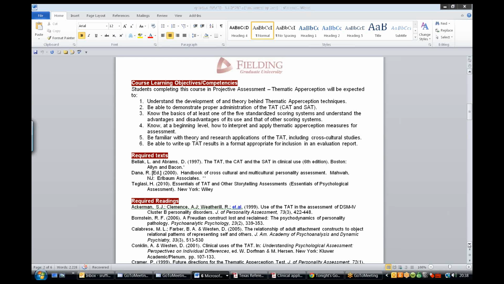But the reading provides a lot of that information about the development and the theory behind the TAT. Okay, you have to be able to demonstrate proper administration of the TAT. I'll talk some about that, and we will practice that when we're in Chicago, not in Santa Barbara. Unfortunately, we're in Chicago.